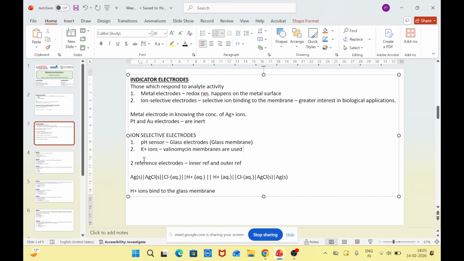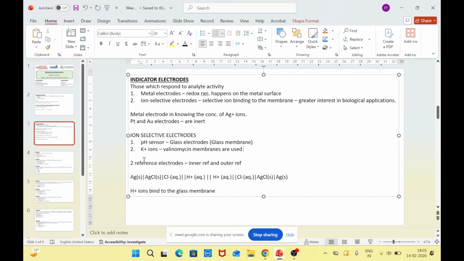Now after this, for detecting or measuring other kinds of species within biological applications, there are certain other techniques, but those techniques do not usually work on the principle of measuring potential difference. Instead, they work on the principle of measuring the current as a function of time by keeping constant potential.